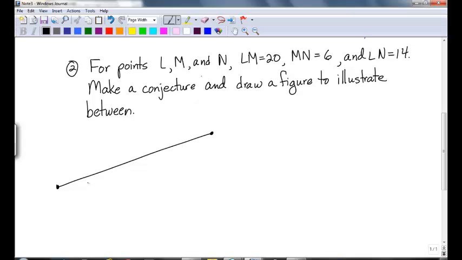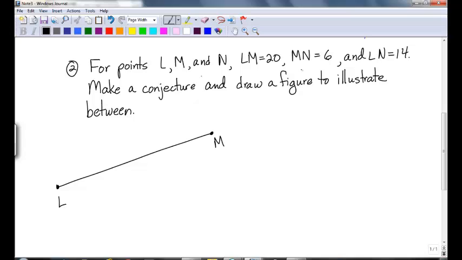What are the two endpoints? L and M. And then N is somewhere in between.